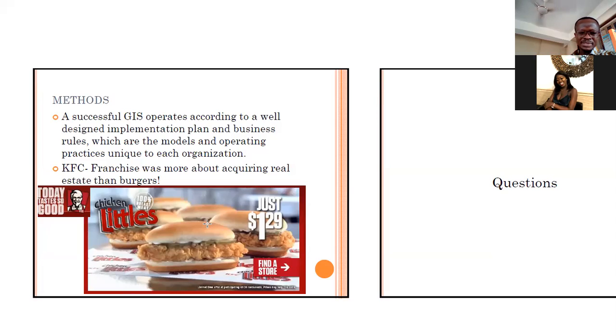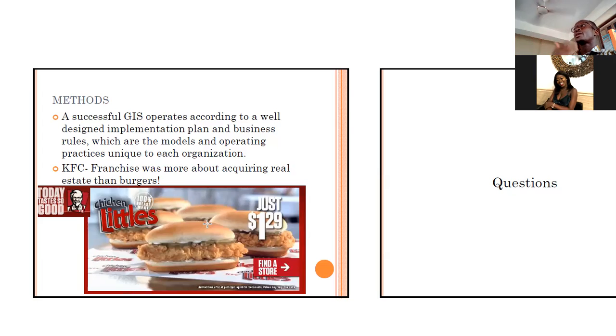But you realize that the business, I read in a book, the burger wasn't the idea. The idea was to acquire real estate. So you see the business rule in this case. He's not interested in the burger, but he knew that people like to eat a lot. So it was used to locate properties. Honestly speaking, this is like someone's secret, but every business has some kind of way that it operates.